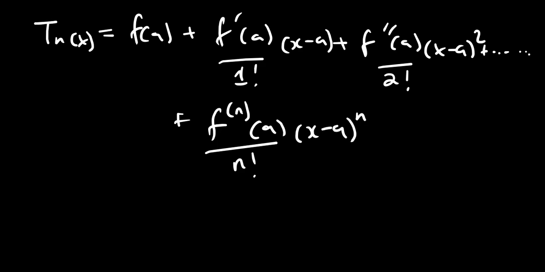So this is the general form of how a Taylor polynomial series looks.